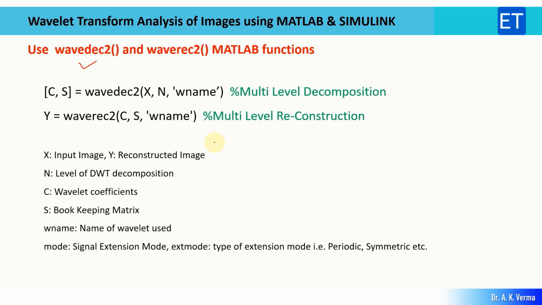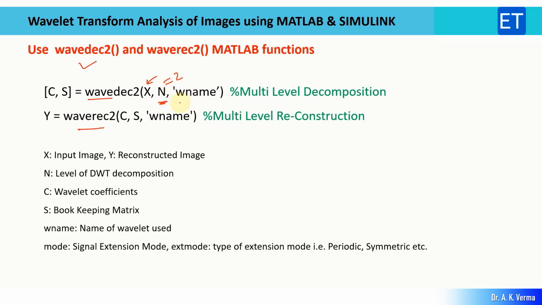So this is the syntax of wavedec2 and waverec2. In wavedec2, X is your input, and N, you need to define the level of decomposition. Suppose you want to do a 2-level decomposition, then N will simply be 2.